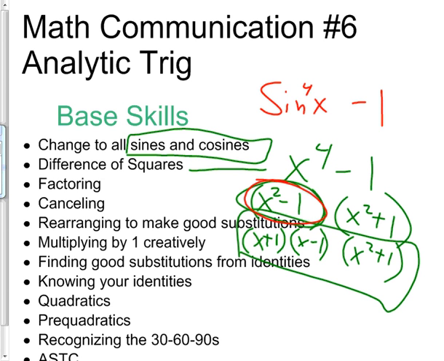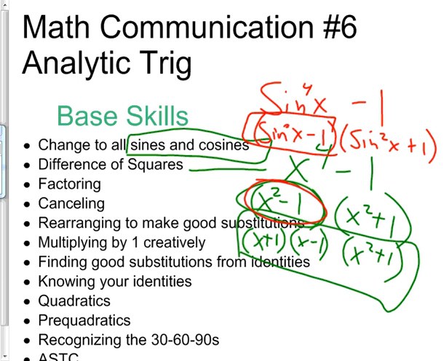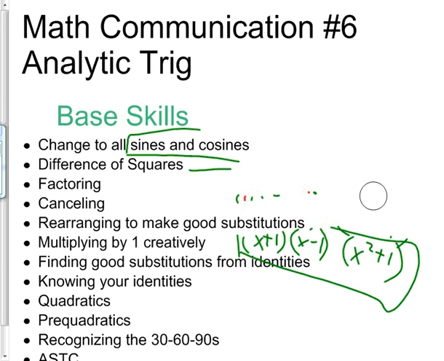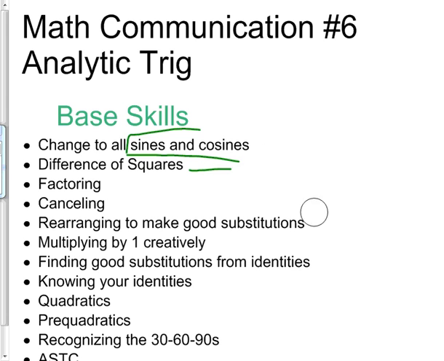It would have broken first into sine squared of x minus 1, and then sine squared of x plus 1, and then that one would have broken down too, if you needed to. If you could have just substituted in something else, you could do that too. But all right, anyway, I'm just trying to remind you, difference of squares factoring is important. Moving on.